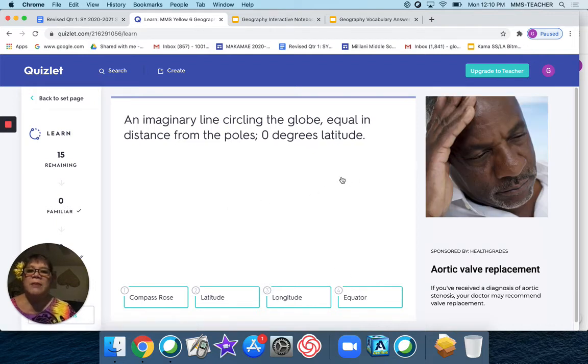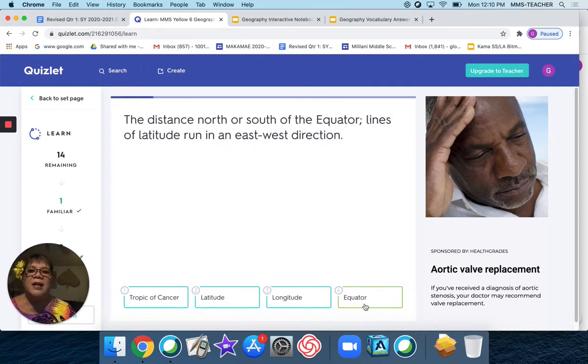An imaginary line circling the globe equal in distance from the poles, 0 degrees latitude. And we learned that's the equator, so I click on the equator and it says correct. Here it says the distance north or south of the equator, lines of latitude running east-west directions.